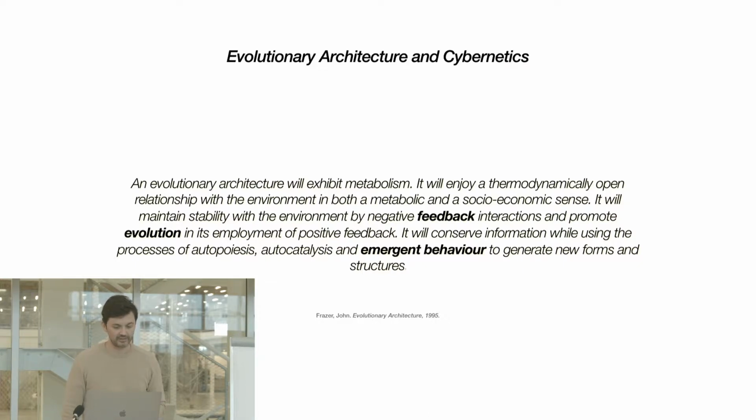It will enjoy a thermodynamically open relationship with the environment in both a metabolic and a socioeconomic sense. It will maintain stability with the environment by negative feedback interactions and promote evolution in its employment of positive feedback. It will conserve information while using the processes of autopoiesis, autocatalysis, and emergent behavior to generate new forms and structures.